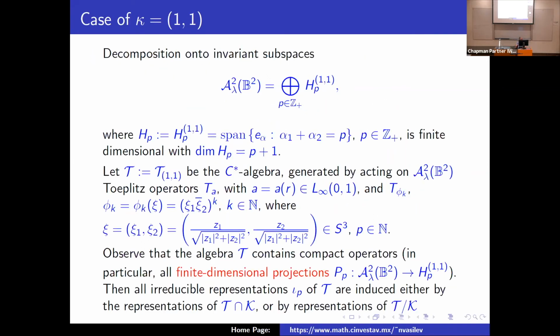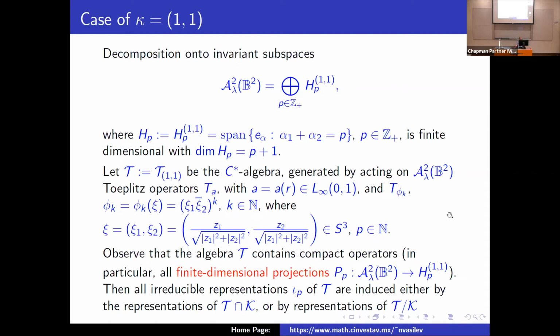Well, observe that our algebra contains all compact operators, in particular all finite dimensional projections. Why does it contain them? Because for radial symbols, we know that the corresponding sequences are slowly oscillating. A projection has the sequence 0, 0, 0, 1, 0, 0, 0. It's of course a slowly oscillating sequence, so it is an element of the algebra.